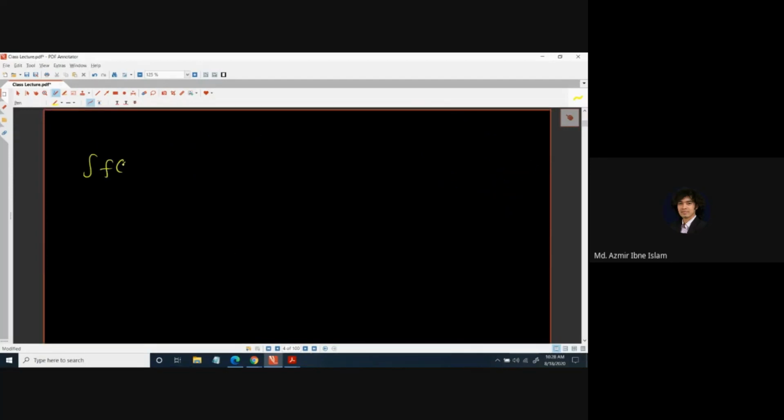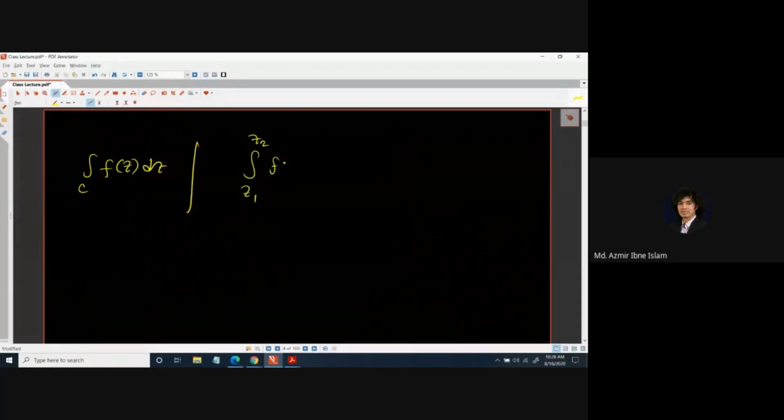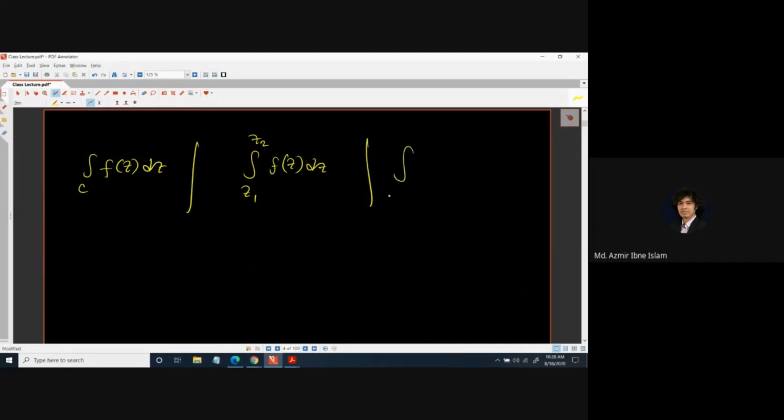It may be the integral of f of z dz, or it may be the integration from z1 to z2 of f of z dz, or another type will be the integration from (x1, y1) to (x2, y2) of f of z dz, or another common form will be the integral of f of z dz over c.